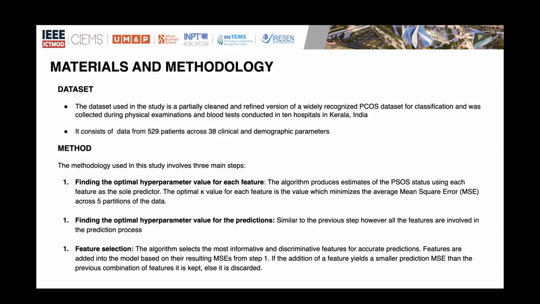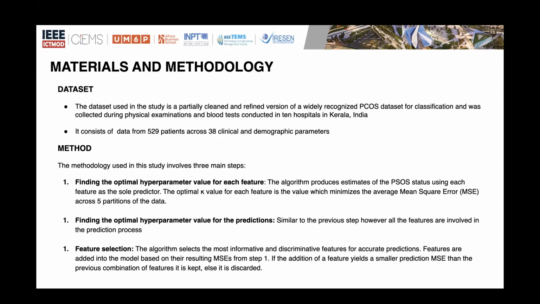Then after that, we're going to find the optimal value for kappa for making predictions, which is very similar to the previous step. Just in this case, we're taking into account all of the features. And then lastly, the feature selection process. This is where the algorithm is going to select the most informative and descriptive features for accurate predictions.